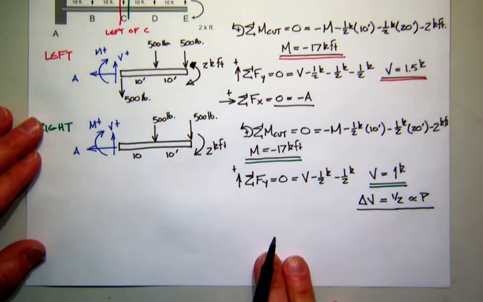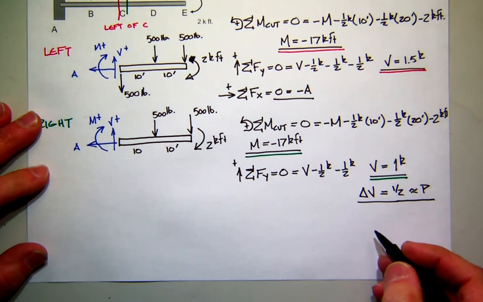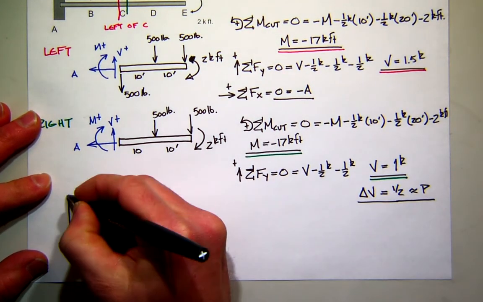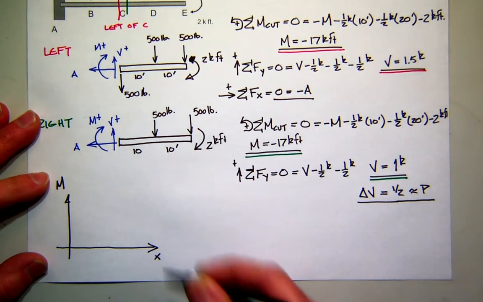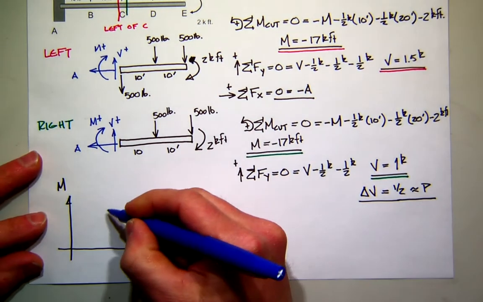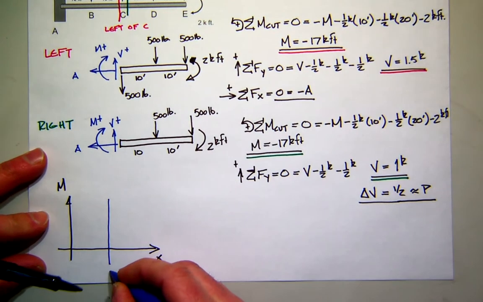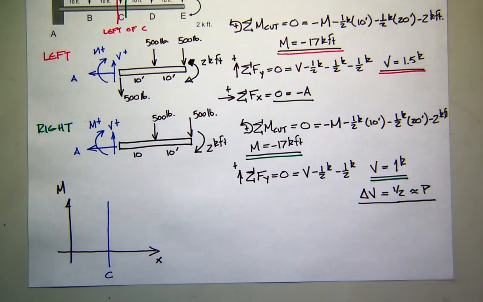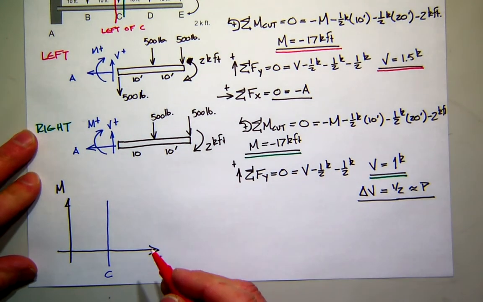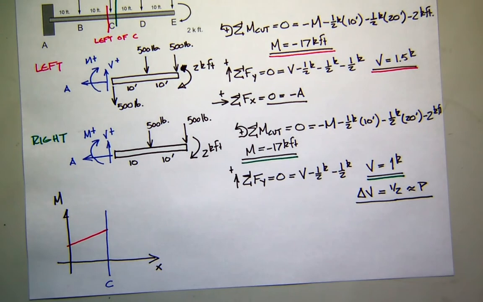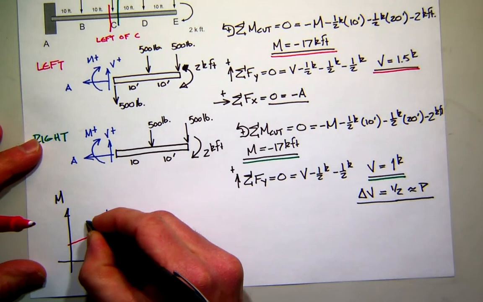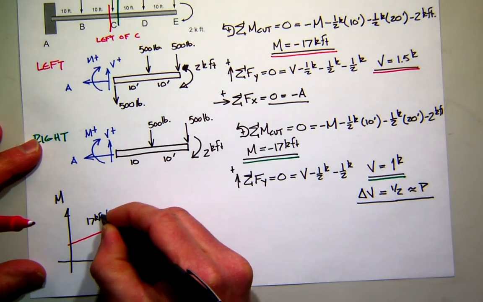So I could actually make some notions of this and plot it. If I plot the variation of my moment with X, and let's assume this denotes where C is. Just to the left, I don't know what the moment diagram is going to look like or how it changes. Let's just say the moment is coming in like that, and we know right at point C that it has this value of 17 kip feet.